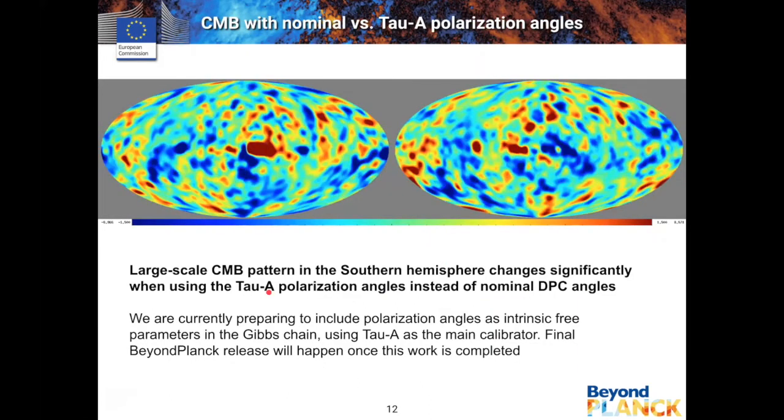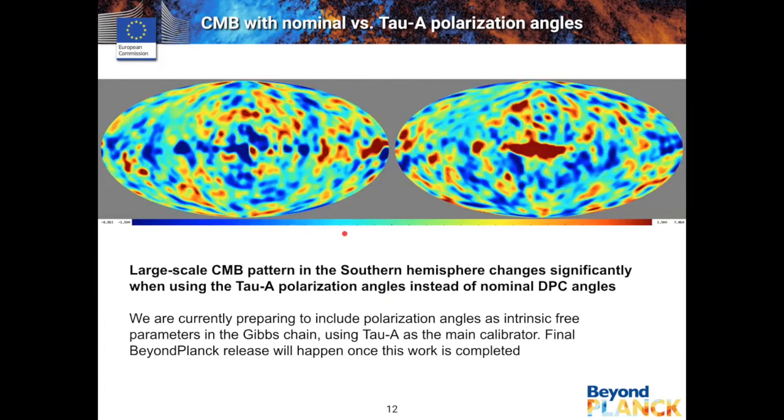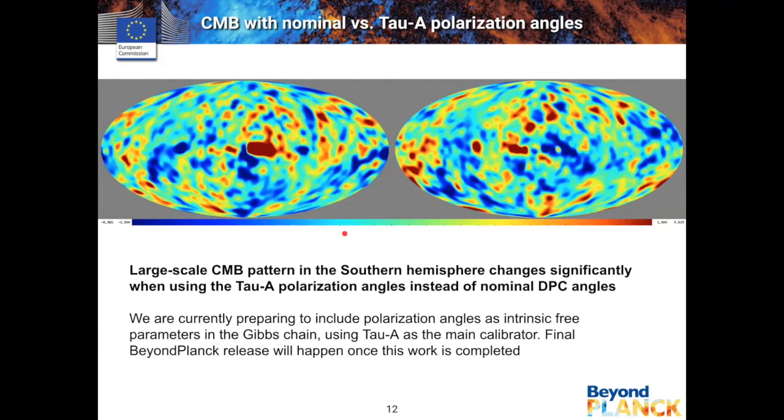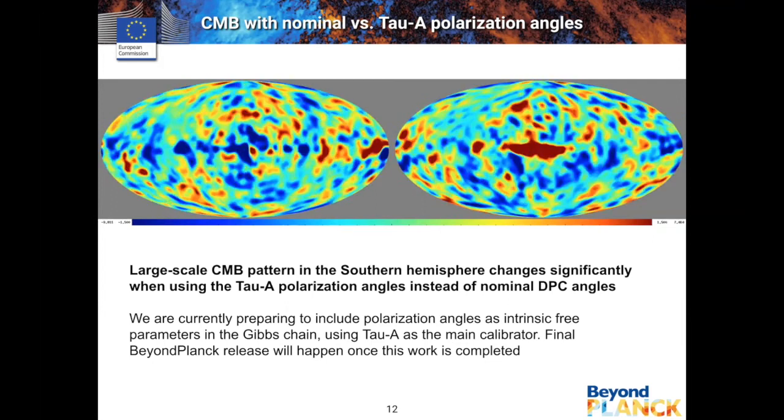We had a preliminary run correcting for these polarization angles. And in this animation, you can see a comparison between the polarization maps at the release conference time and what they are now, so before and after this correction. And you can see this blue structure disappearing when using the correct polarization angles.